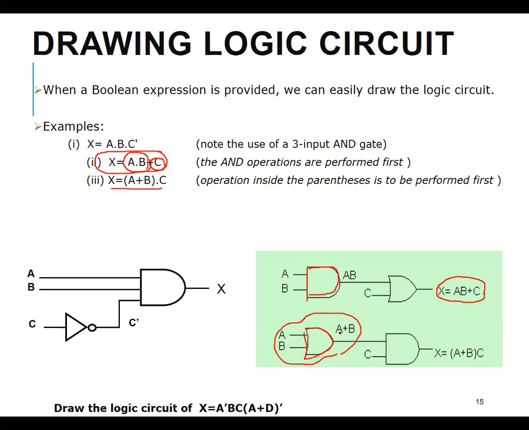After that it's AND with C, so you can use an AND gate to get the ANDing of A OR B, and C. That's how we can represent these three: this is the first one, this is the second one, and this is the third one.